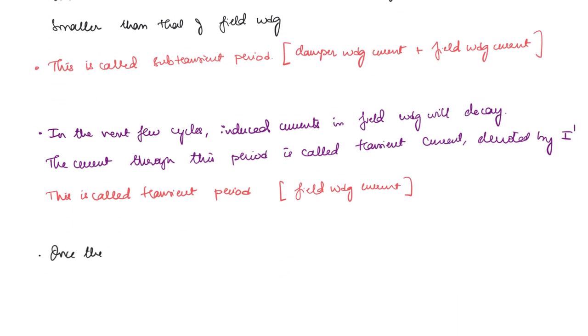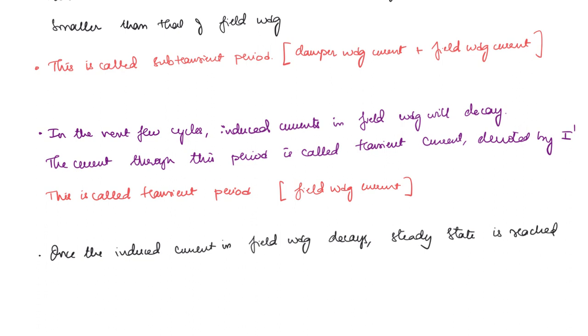Once the induced current in field winding decays, steady state is reached. Then what is this current called? The current is now called the fault current.